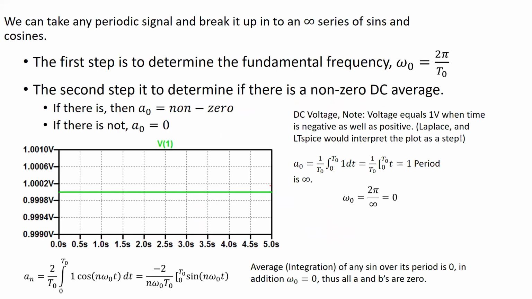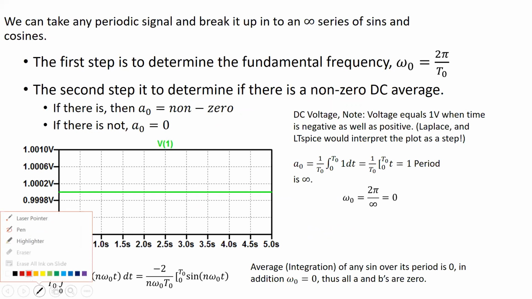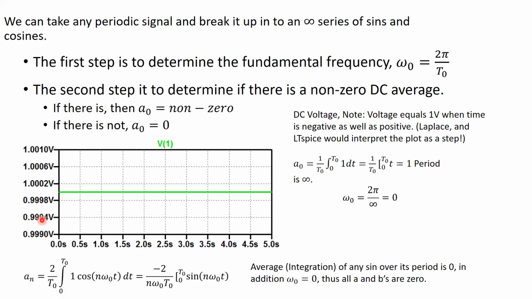So like I said, we can take any periodic signal and break it up into an infinite series. Now, this isn't a homework assignment, but I like to take something simple like a DC signal and see what the Fourier transform of a DC signal would be.